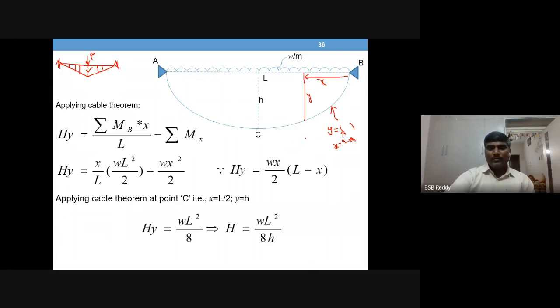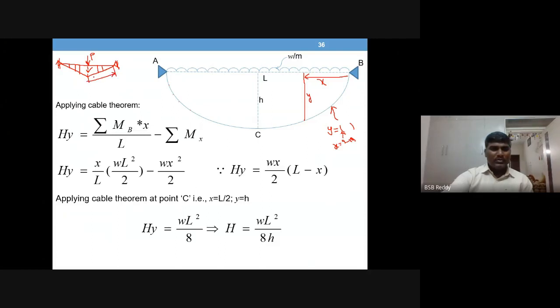Then obviously the tensile force at each point is different. At this point the tensile force is different, at that point the tensile force is different. Whereas in the case of a cable subjected to point load, the tensile force is the same in a particular segment.